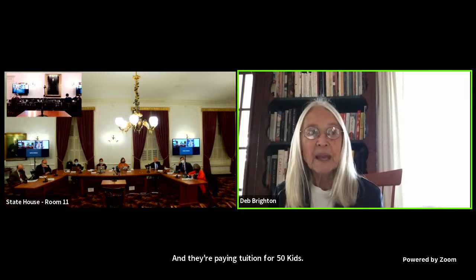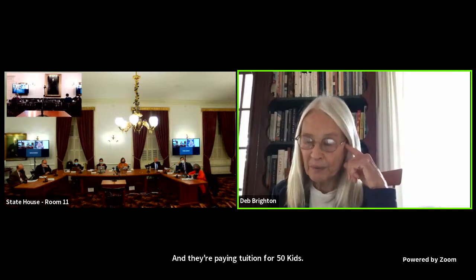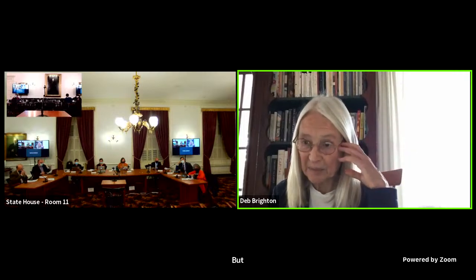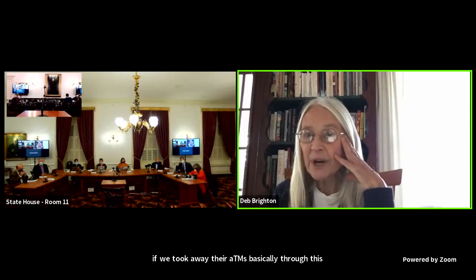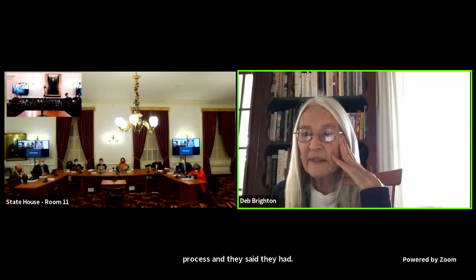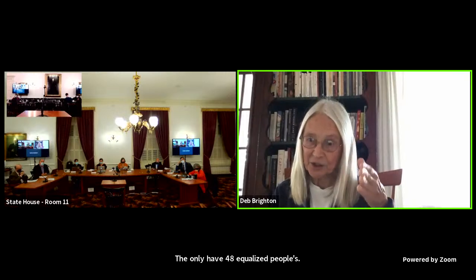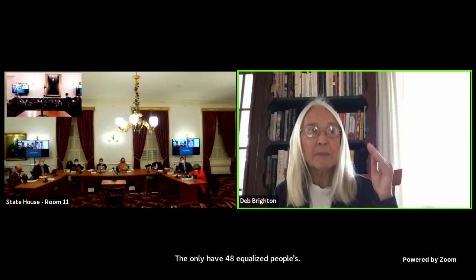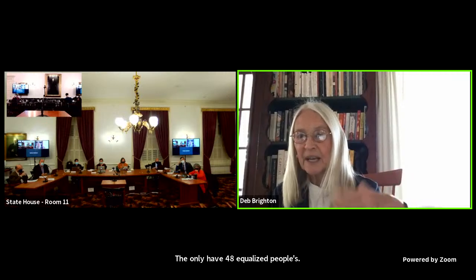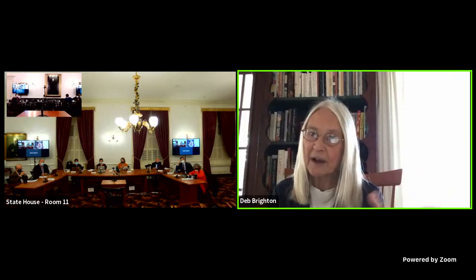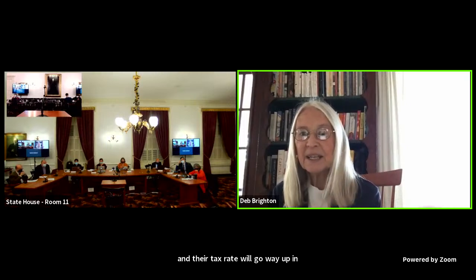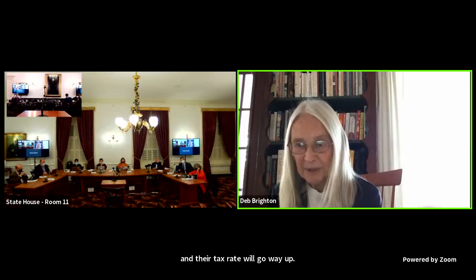But if we took away their ADMs basically through this process and we said they only have 48 equalized pupils, they would have to pay, this is using the current law method, the tuition for 50 kids divided by only 48 students and their tax rate would go way up. In this case, that wouldn't happen.